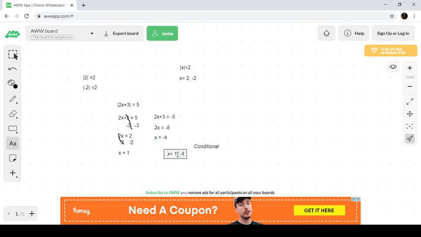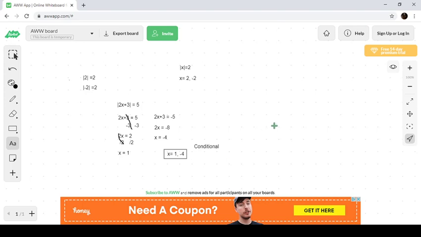So the condition here is that we could plug in 1 here for x. So 2 times 1 is 2, plus 3 is 5. Absolute value of 5 is 5. That works. Or we could plug in negative 4. 2 times negative 4 is negative 8. Negative 8 plus 3 is negative 5. Absolute value of negative 5 is 5. So there are 2 conditions that make this correct.